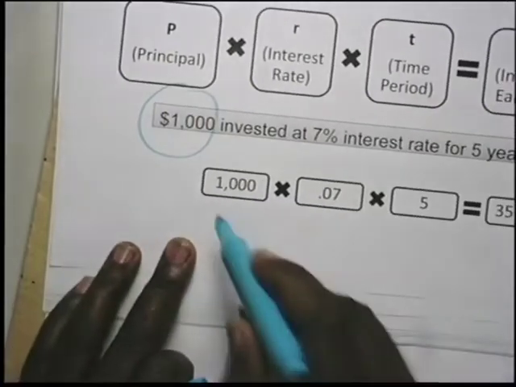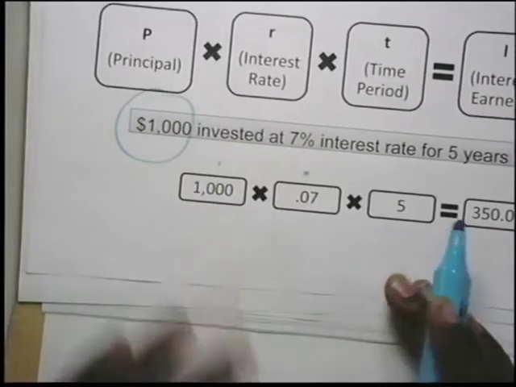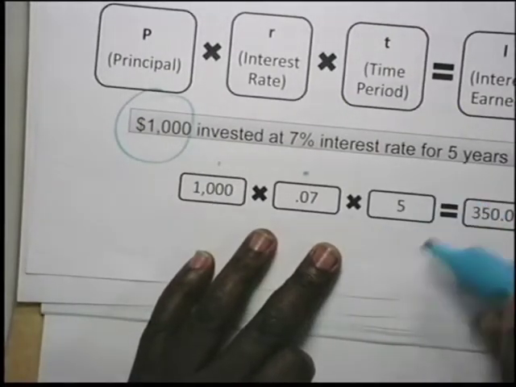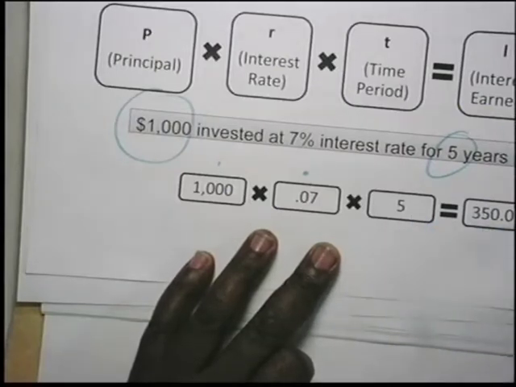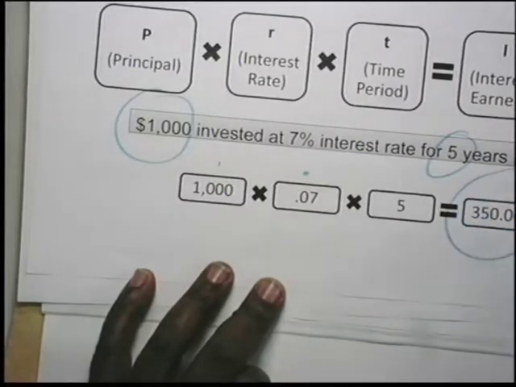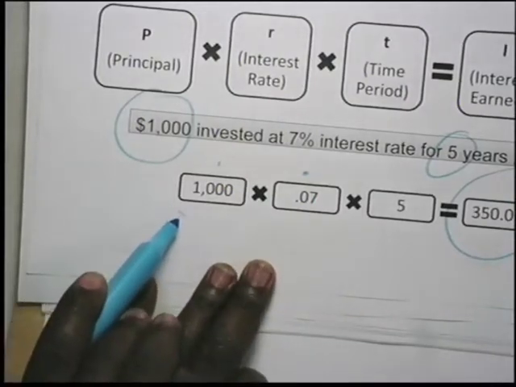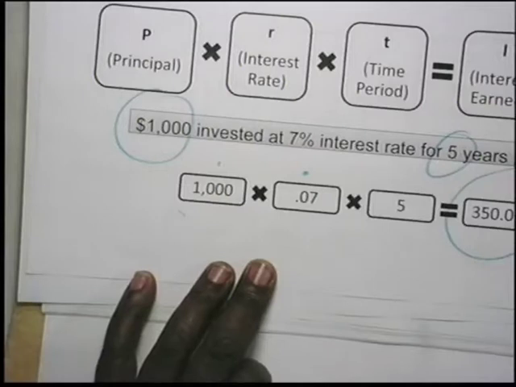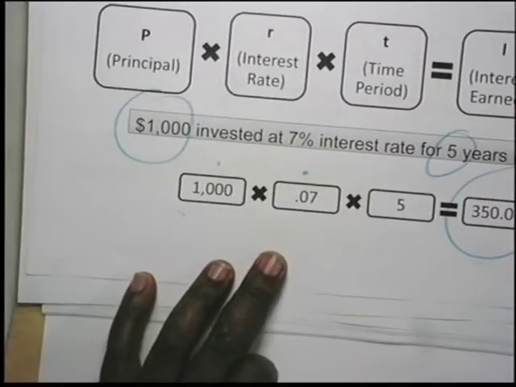If we multiply the principal times the interest rate, and assuming the time period is 5 years, which is given, we multiply by 5, we'll get $350. So this is the total interest that we will earn on the original amount, which is 1,000, over a period of 5 years.